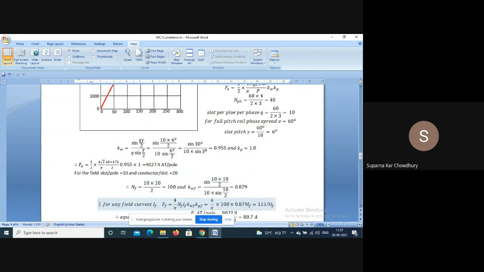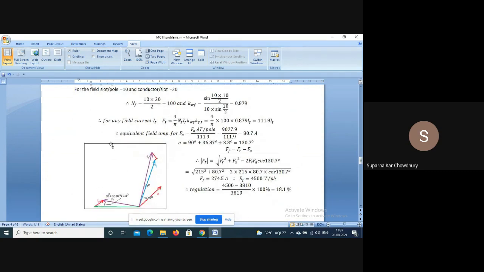Now similarly we have to find it for the rotor also. For the rotor field, slots per pole is given as 10 and conductors per slot is 20. So NF will be 10 into 20 by 2, that is 100.